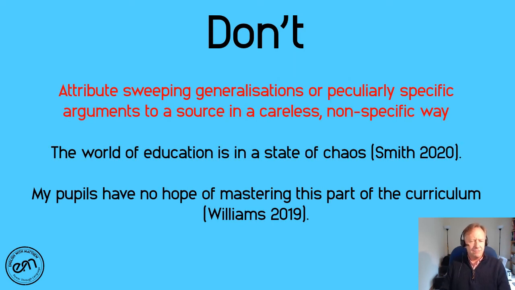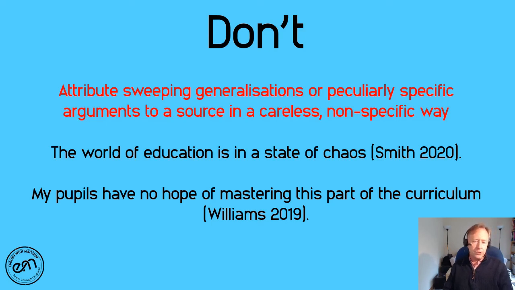And this is a strange one, but don't attribute sweeping generalizations or peculiarly specific arguments to a source in a careless, non-specific way. And here is an example: the world of education is in a state of chaos, says Smith in 2020. I doubt Smith made such a sweeping statement. Okay, you're just raising suspicions in the reader's mind that you're not quoting carefully here.